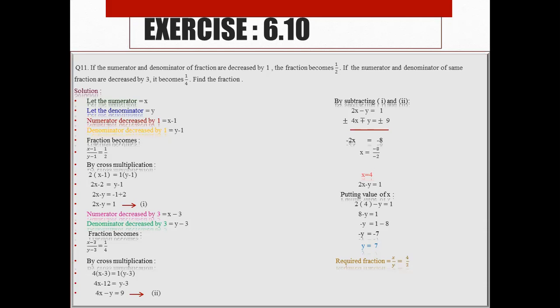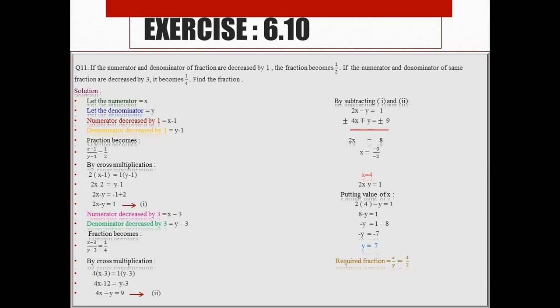When we subtract this, we will change the sign of the second equation. Positive will change into negative and negative changes into positive. The sign of 4x will become minus and the sign of y becomes plus, and also the sign of 9 will be minus. 2x minus 4x is minus 2x. y will be eliminated.